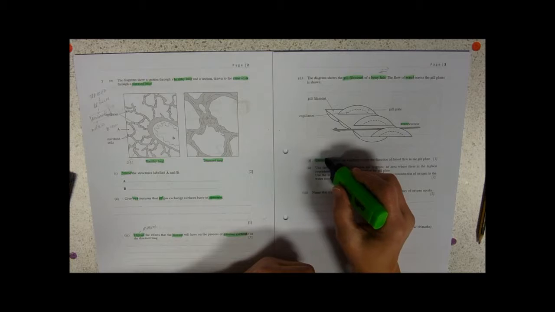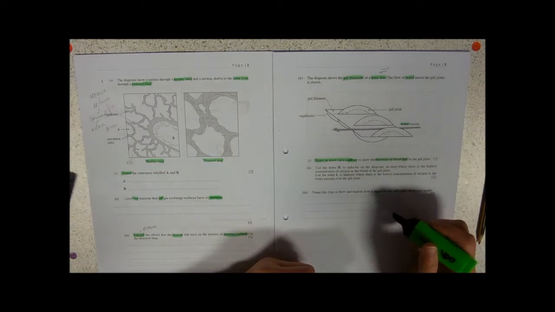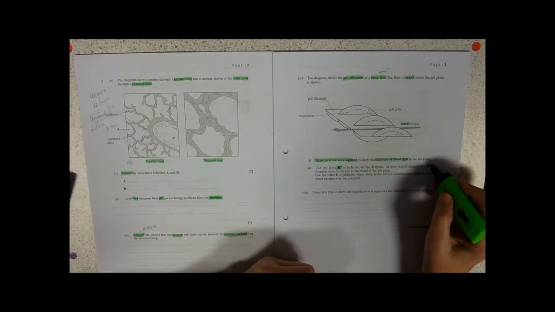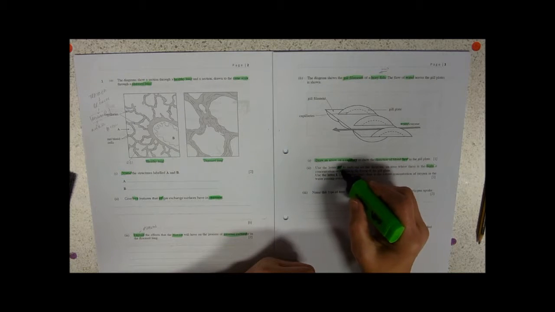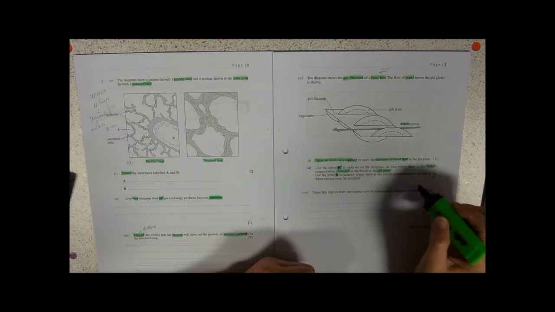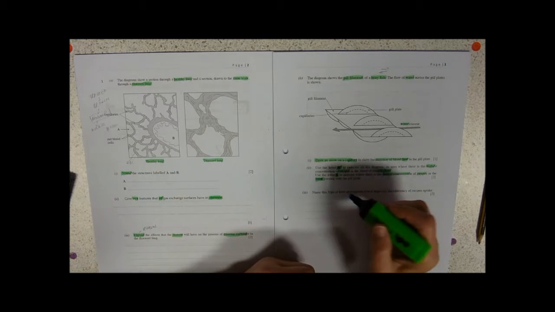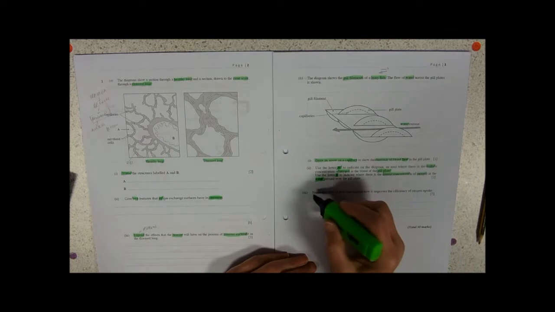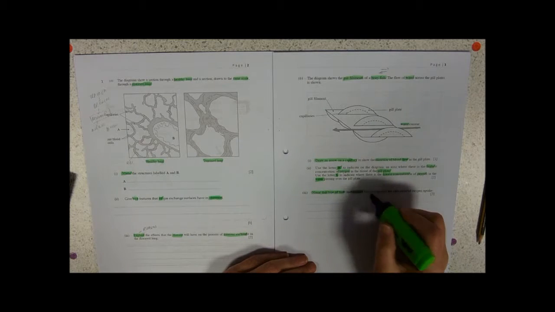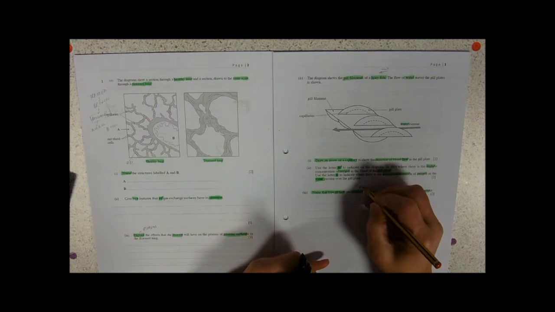So I've got to draw an arrow on a capillary to show the direction of blood flow, and I've got to use the letter H where there's high concentration or high oxygen in the gill plate, and L the lowest concentration of oxygen in the water. Okay, name this type of flow, that'll be nice and easy to do, and explain how it improves efficiency. So explain, I need to give a reason.